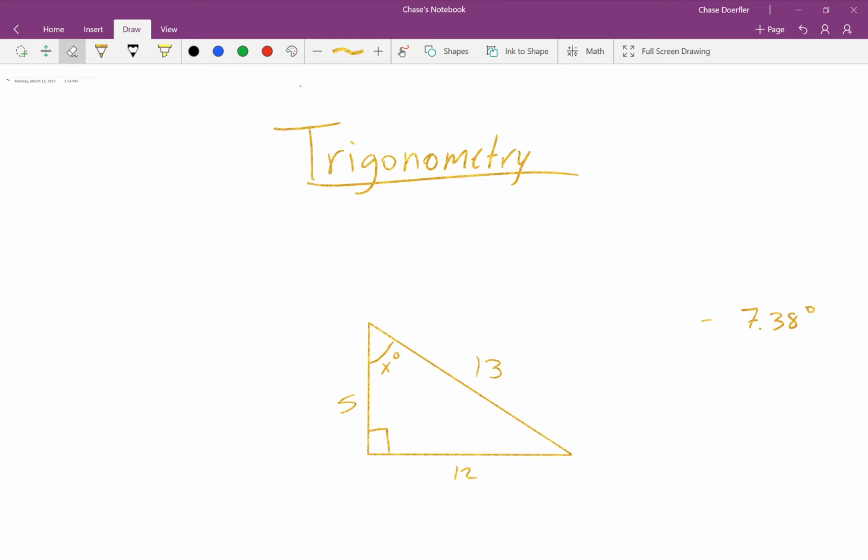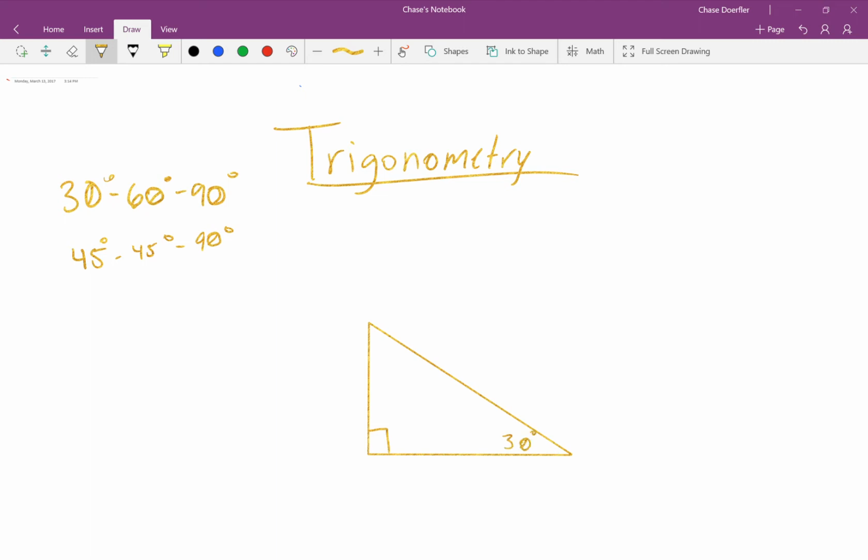There are actually two specialized right triangles, and those are the 30, 60, 90 and the 45, 45, 90, and I'm going to show both of them to you through this right triangle, starting off with 30, 60, 90.